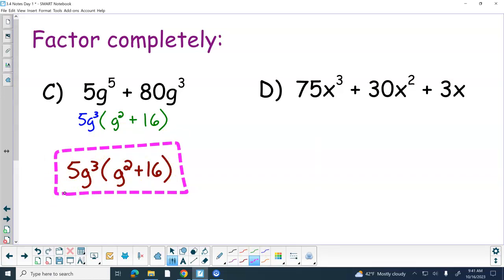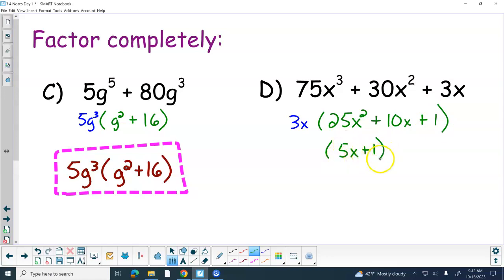Greatest common factor over here is 3x. Leaves me with 25x squared plus 10x plus 1, which then is 5x plus 1 and 5x plus 1.